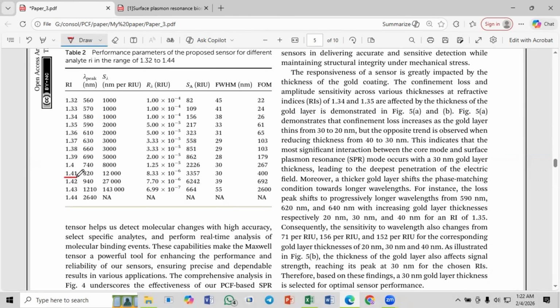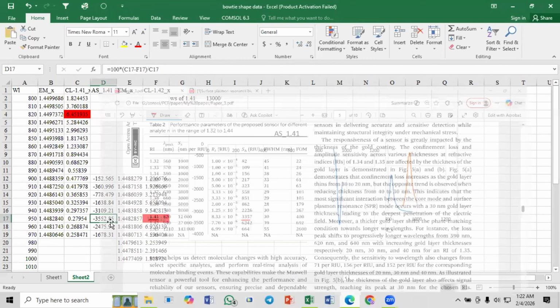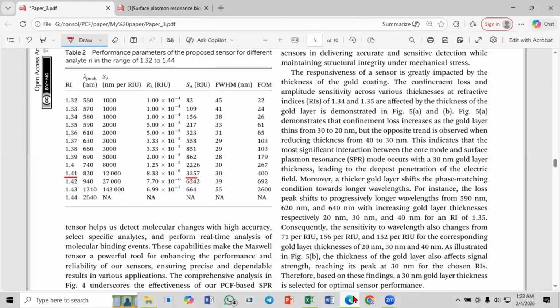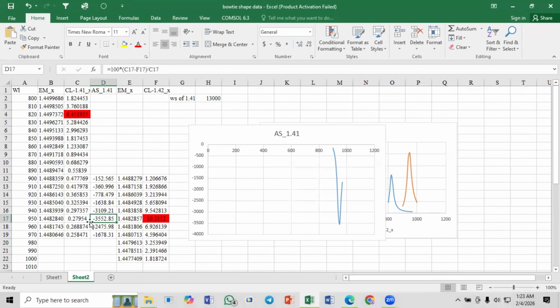Here, 3357. It's more than the paper actually, so no worries, it's close to the paper. This is what we can do for amplitude sensitivity. Thank you for today.